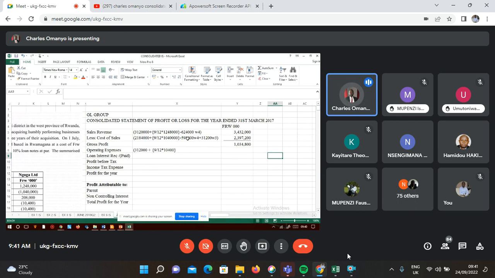Number one, why have we minus 598? Because of the rule, intercompany sales should be eliminated. So we have minus because we are eliminating 598, just like 624 has been eliminated. But 31,200, which is the depreciation, increases cost of sales. It is not to be eliminated. Okay, I understand, it increases cost of sales.